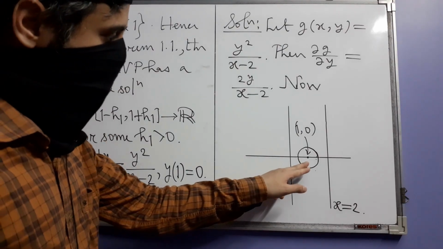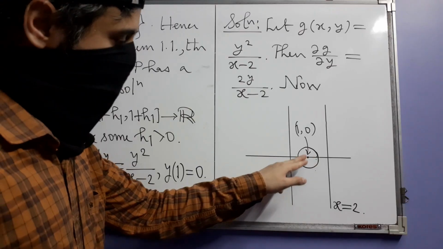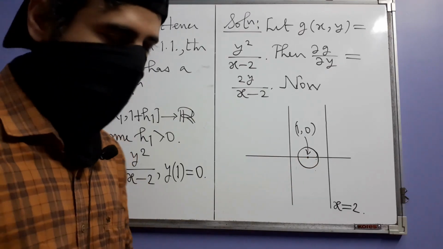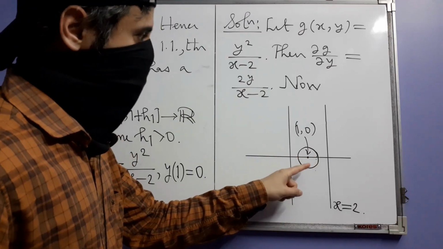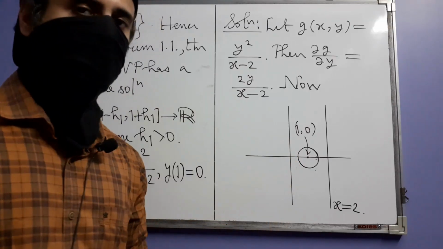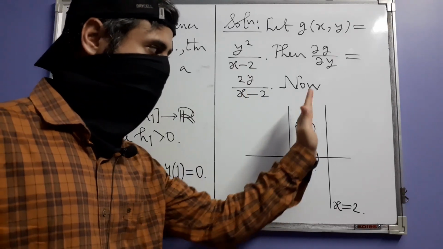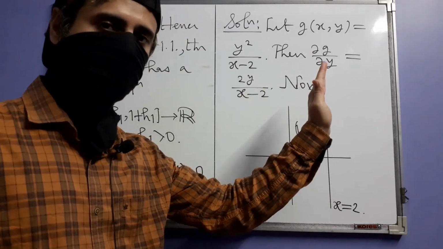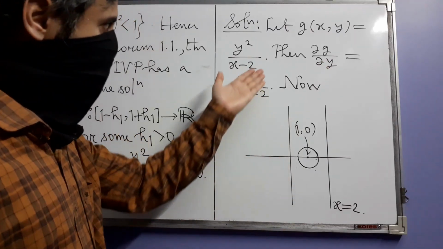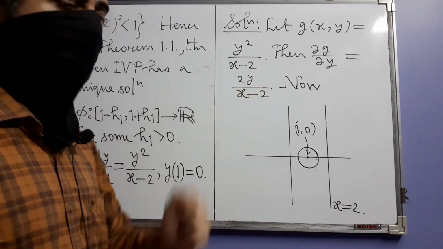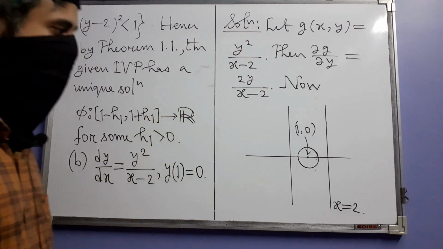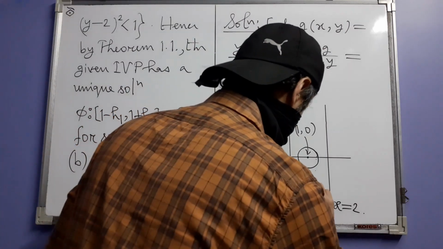Then whatever points x comma y you take from within the circle, for those points the x coordinate is not equal to 2, because those points lie on this line where the x coordinate is equal to 2. So we do not have any problem with this denominator. That's it. So this will be our D2.